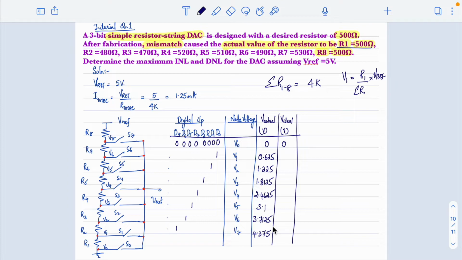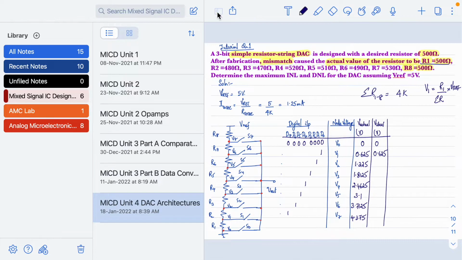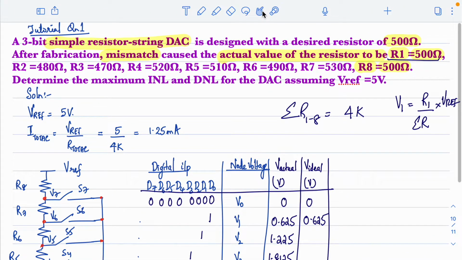In a similar way, we can do the same calculations. The first will be equal to 0.625, because in the ideal and actual cases the resistors are the same. The remaining will have small differences. So if we can quickly find that, we can tabulate it, and based on that we can do the rest of the calculation.